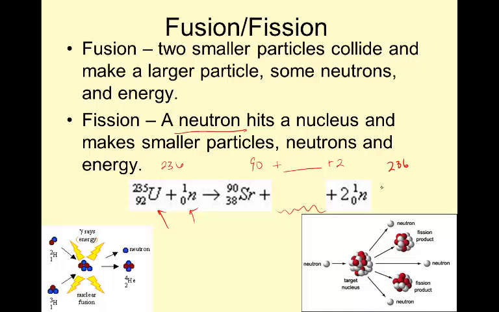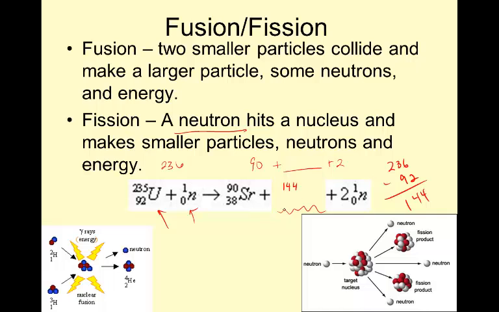So I do 236 minus 92. And I get 144. So I know that this top number has to be 144, because when I have 144 plus 90 plus 2, I get 236. Right?